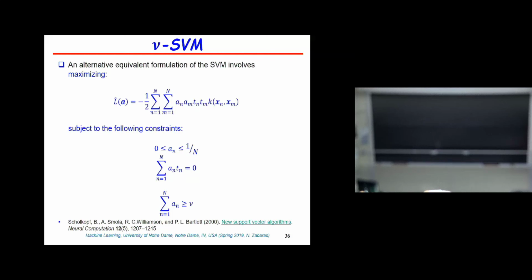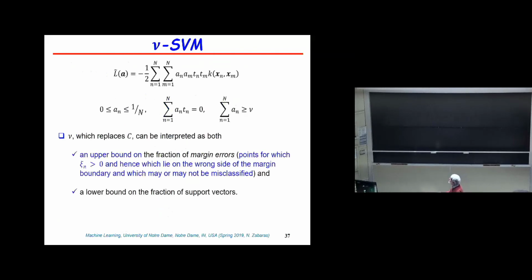You have the second term that we had before on the loss function in terms of the alphas, but the actual conditions here are a little bit different. And this coefficient nu is a new coefficient that serves as an upper bound on the fraction of the margin errors and also as a lower bound on the fraction of support vectors.